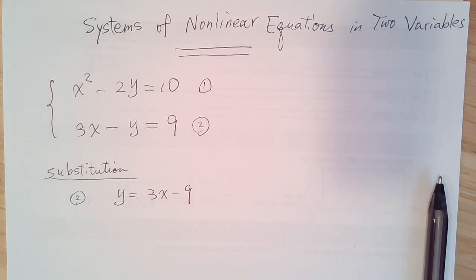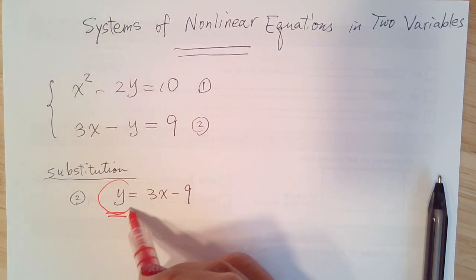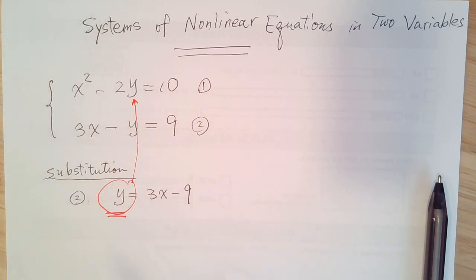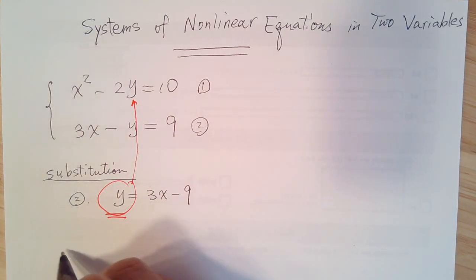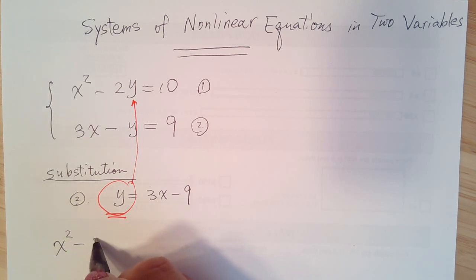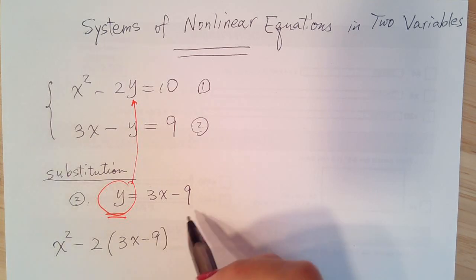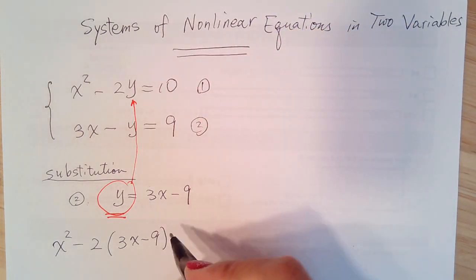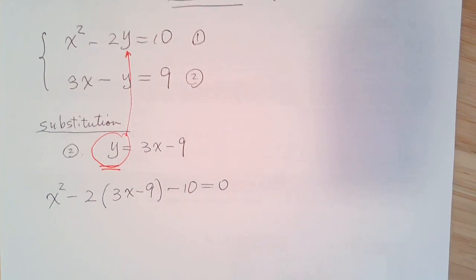And because this is the substitution method, I'm going to substitute this into the other equation for y. So that will be x squared minus 2y, and instead of y, I put 3x minus 9, equals 10, and I bring the 10 over.